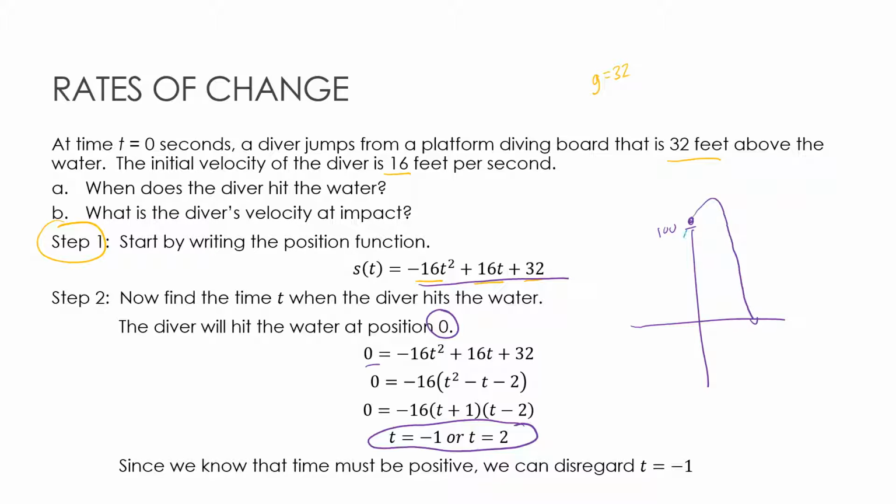So does it make sense mathematically that there would be a negative solution? Sure it does. Mathematically, it's a parabola. It's okay that it touches one time on the negative side and one time on the positive side. But in real life, they're asking, when does the diver hit the water? Well, he doesn't hit at negative 1. He was never there. So in real life, the diver hits the water at 2 seconds.